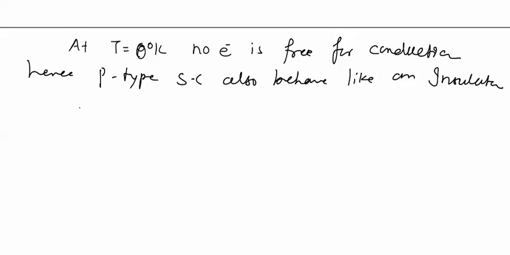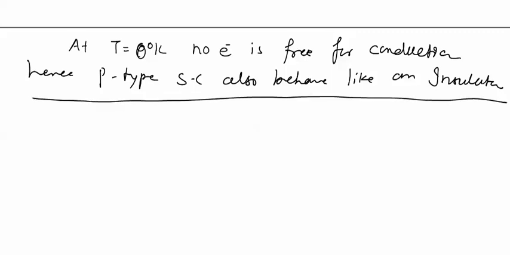Now we will increase the temperature and we will see how charge carriers are generated in a p-type semiconductor. Now the temperature is increased, and the boron atom is surrounded by silicon atoms.